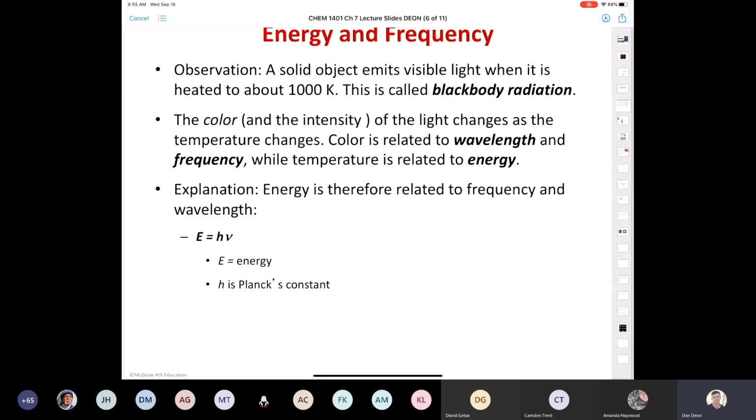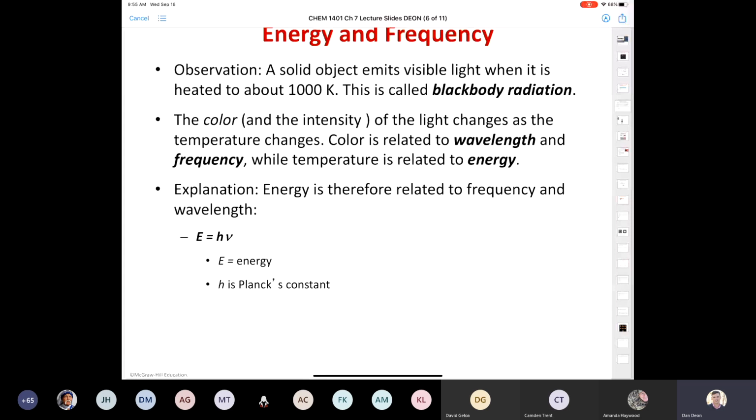Okay, cool. Now let's go back to the color of that light. It says here that the color and the intensity of the light given off by the black body changes as the temperature changes. That's what I just showed you. We saw this in the ROY G BIV, in the electromagnetic spectrum, that the color of light is related to its wavelength and frequency, while temperature is related to energy.